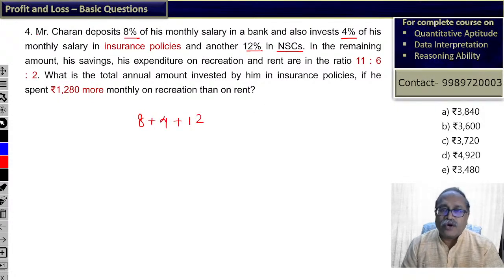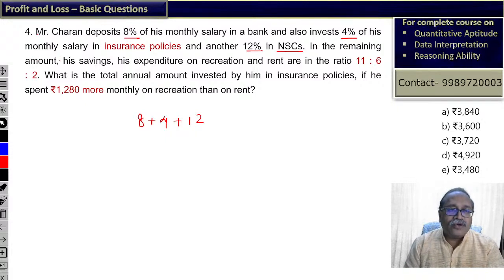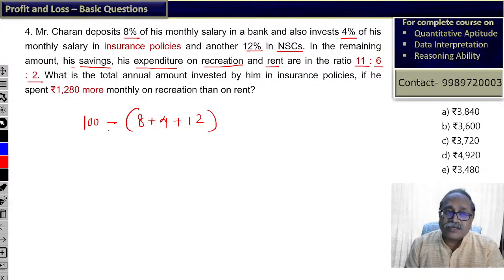If the remaining amount is his saving, expenditure on recreation and rent are in the ratio of 11:6:2, remaining one. So obviously that's total 100 minus this part, 8 plus 4 plus 12. That is what remains. So he is spending that remaining amount in this ratio. Then what is the annual amount invested by him in the insurance policy?